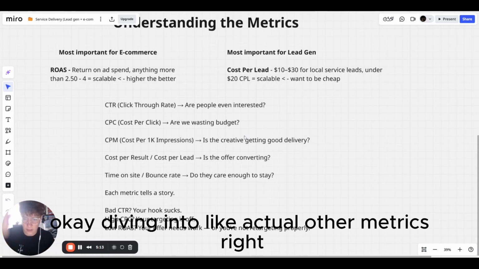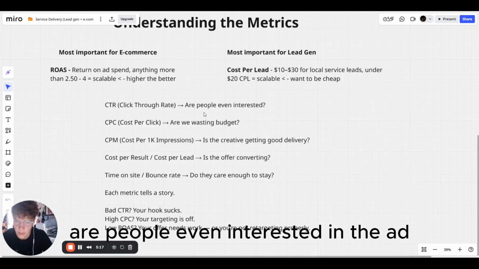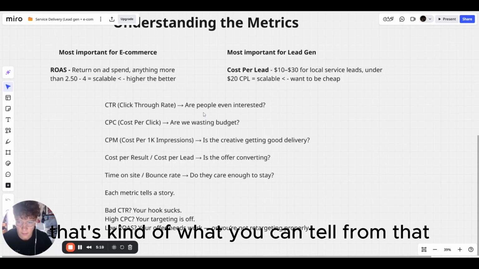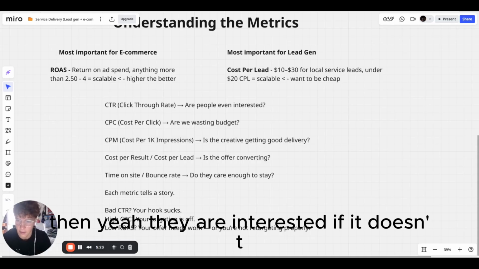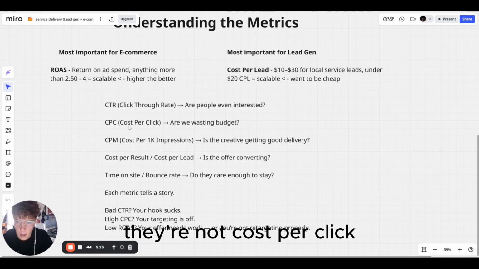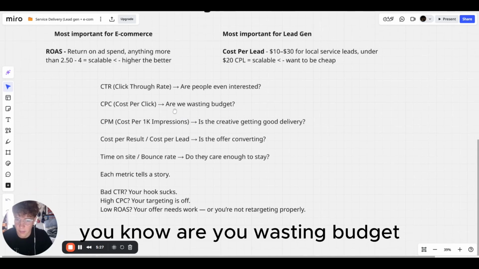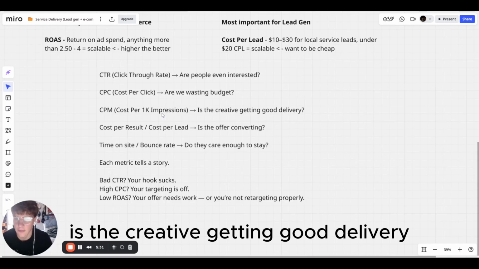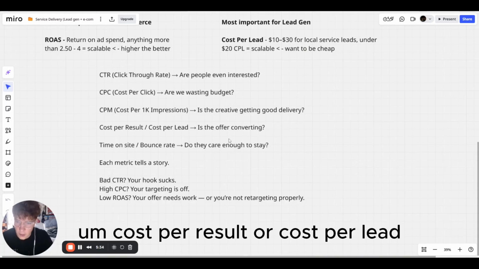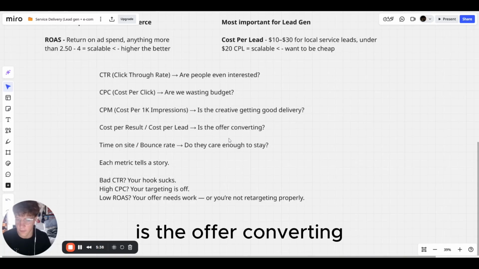Diving into the other metrics. The click-through rate: are people even interested in the ad? If it performs well, then they are interested. If it doesn't, they're not. Cost per click: are you wasting budget? CPM, cost per 1K impressions: is the creative getting good delivery? Cost per result or cost per lead: is the offer converting?